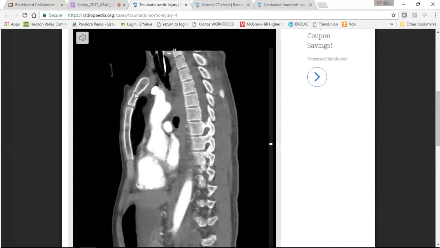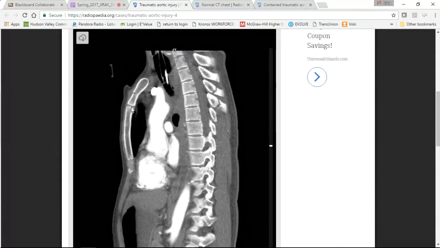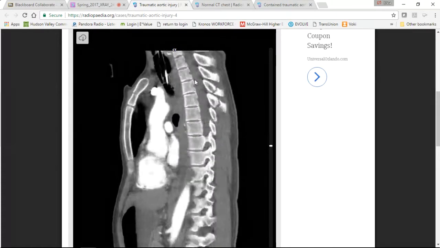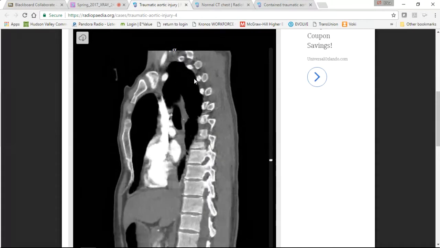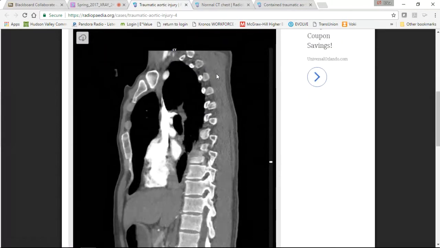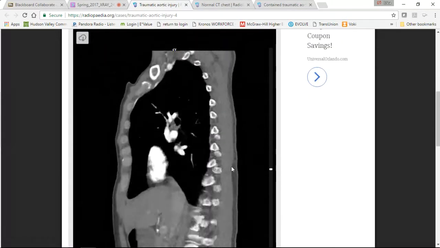So superior, the inferior border of the manubrium, draw a line over to T4, which is, let's see here. Oh, sorry. We need to count the vertebrae.